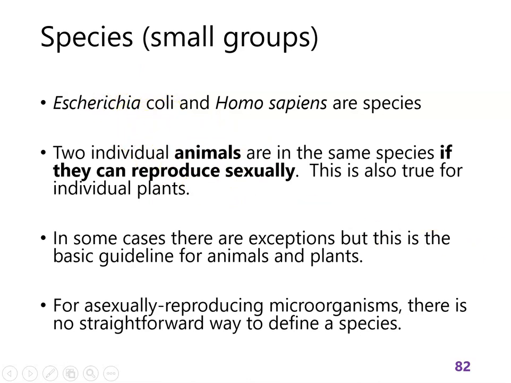So what is a species in animals or plants? Well, we kind of define that by the fact that they can sexually reproduce. So two members of the same species can reproduce sexually, assuming that they are whatever kind of male, female, positive, negative, whatever that type of organism has.